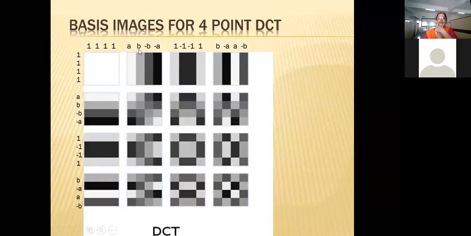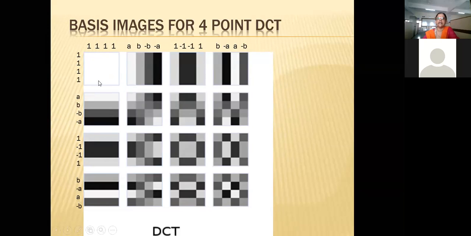Okay. So if we consider a 4 by 4 image, in that case, we will get 4 by 4, that is 16 basis images, as shown here. If you look at the very first image, all coefficient values are identical, that is 1, 1, 1, 1, 1, 1, 1, 1.